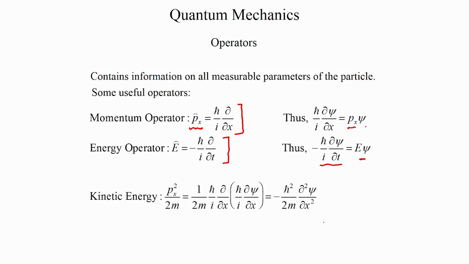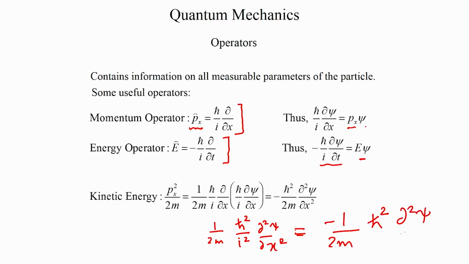And if I want to find the kinetic energy, it is p square by 2m, which is 1 by 2m into the momentum operator operating on itself and then the wave function. That is 1 by 2m, h bar square by i square, into dou square psi by dou x square, which is minus 1 by 2m h bar square into dou square psi by dou x square.